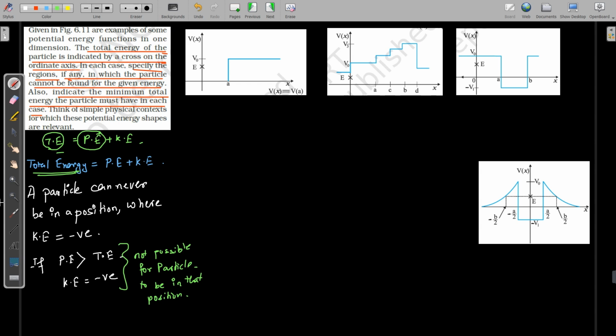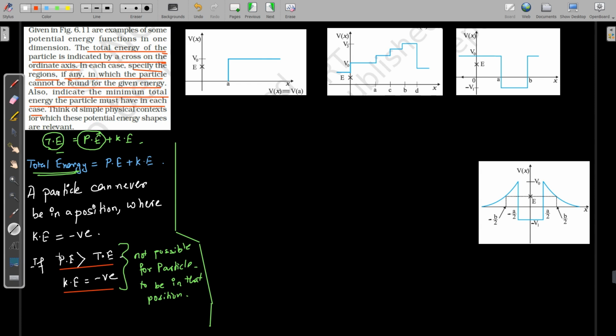Clear? Now we will understand this. See this graph. We will just try to find out where potential energy is greater than total energy. That means kinetic energy is negative, so it is not possible. I repeat, when potential energy is greater than total energy, kinetic energy is negative, so it is not possible.